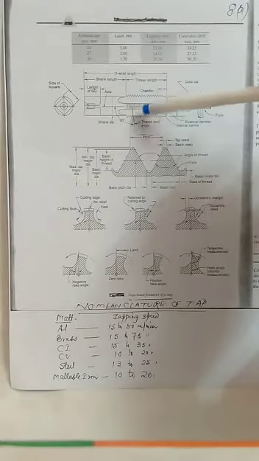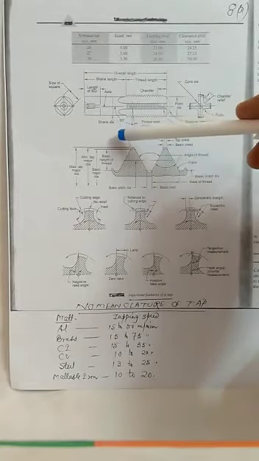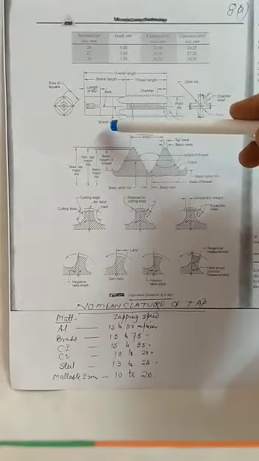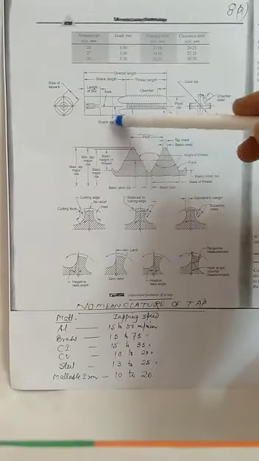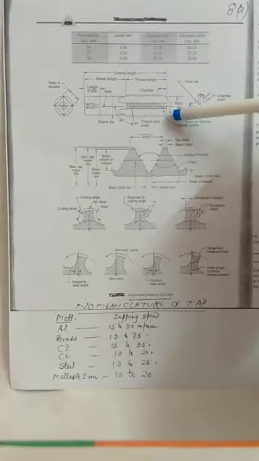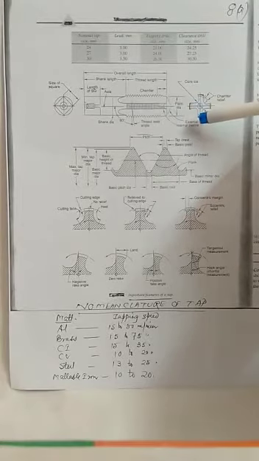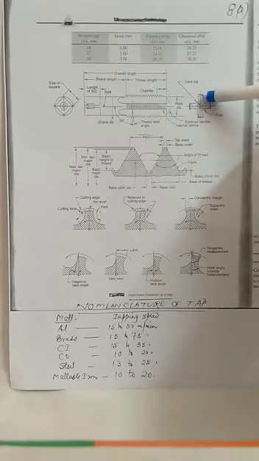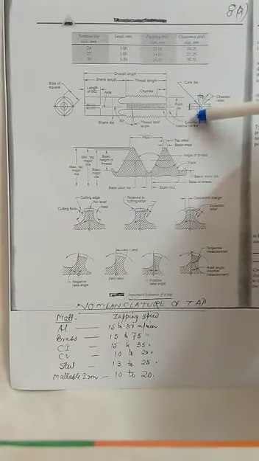There are teeth here which we are observing clearly, and there is a thread head angle and a point. This is called the point diameter, and inside this diameter is called the core diameter. This is one view, and this is called chamfer relief. This portion is called the flute.